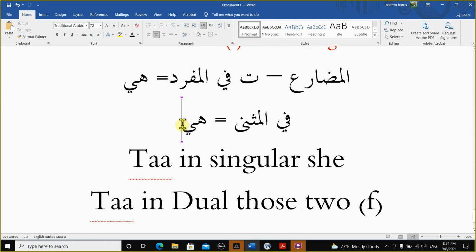So it actually will be huma. Huma, but that huma will be feminine.